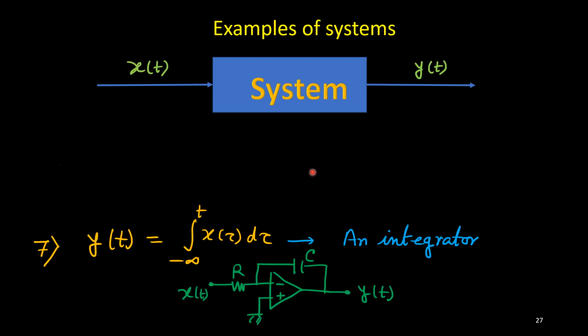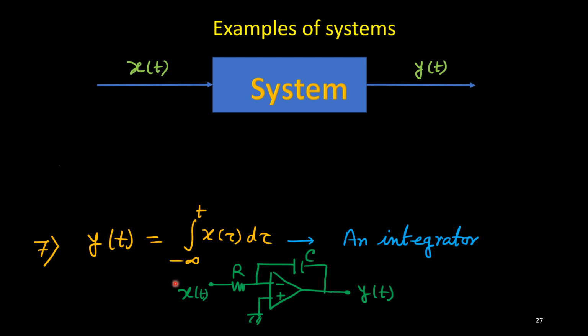Now the next example: y(t) is the integral of x(τ) dτ from minus infinity to t. It is a function of time. The upper limit is small t; then only you get y as a function of time, y(t). So this is called an integrator. We can design this integrator easily using an op-amp.